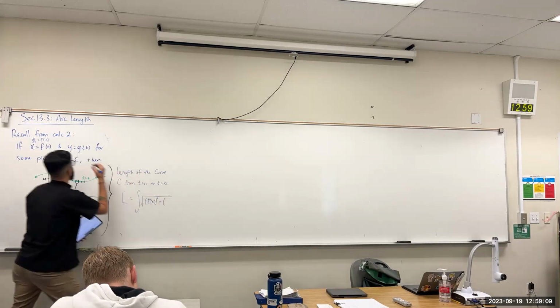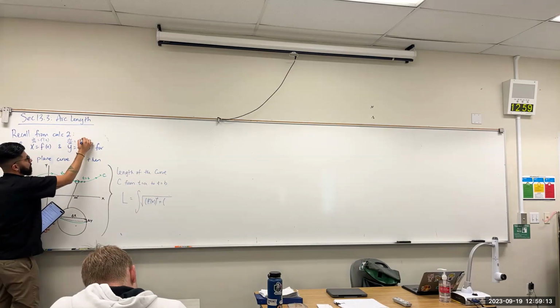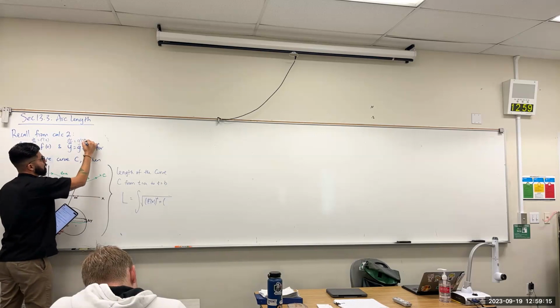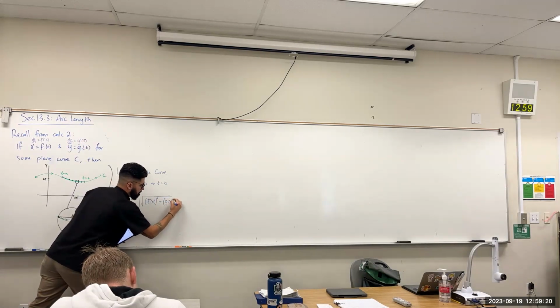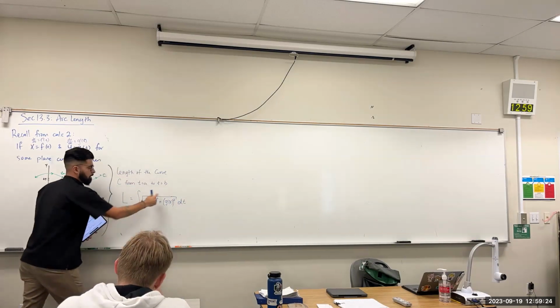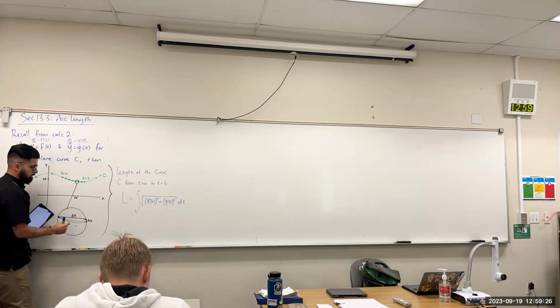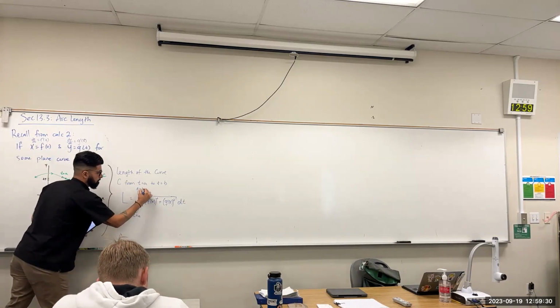And then you did the same thing, so then you found the change in y with respect to t, and that was g prime, and that was being squared. So all of these represented these small little distances. You added them up from A to B.